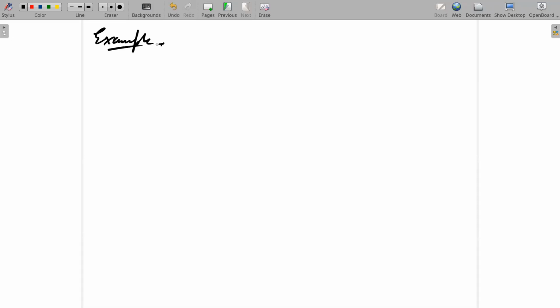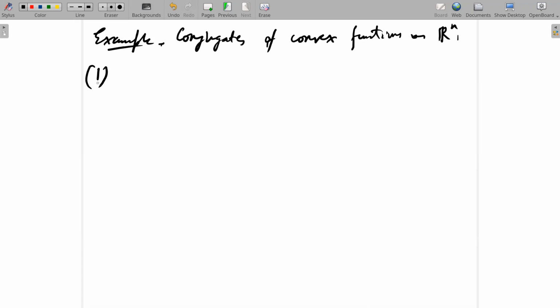So conjugates of convex functions on Rn. All right, so this is a very important example.